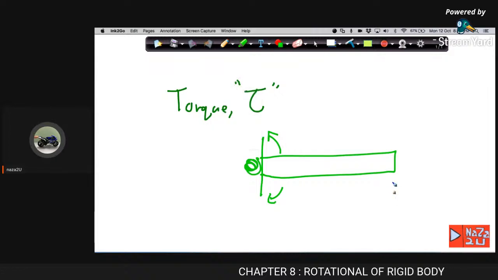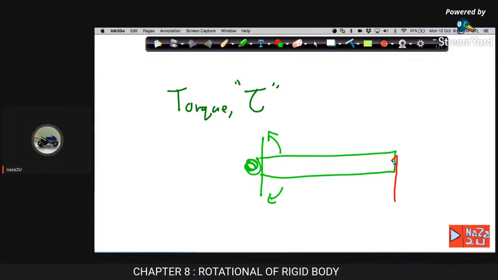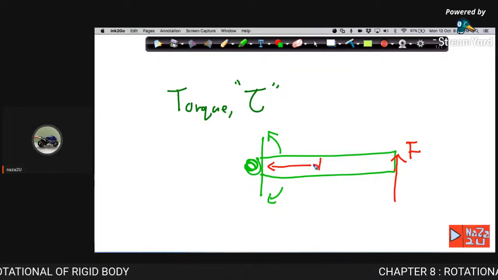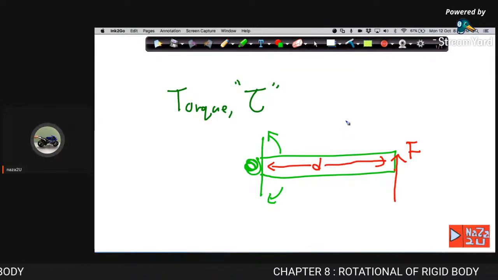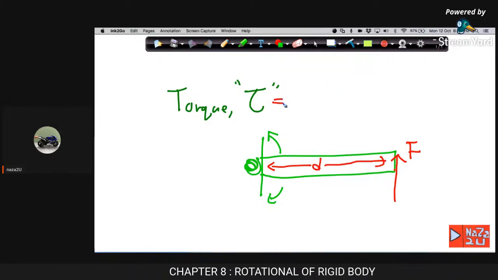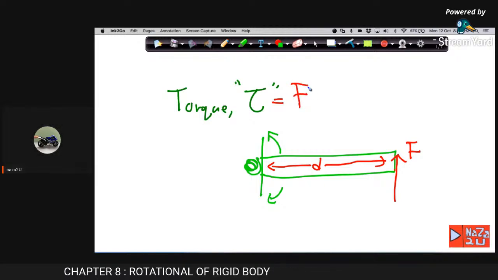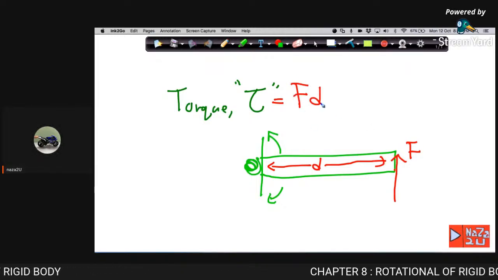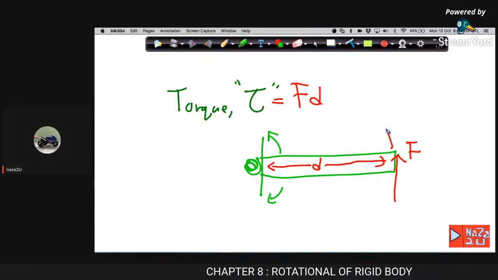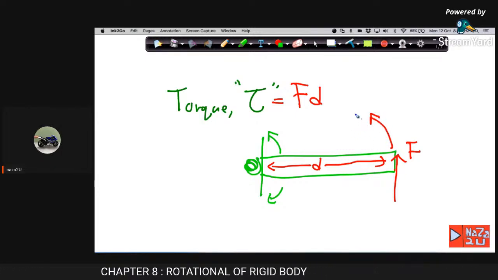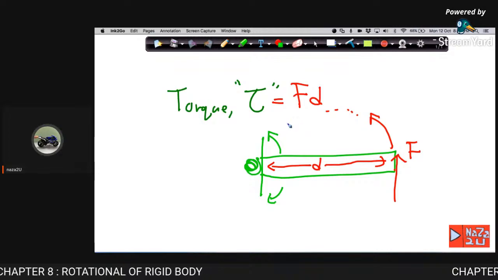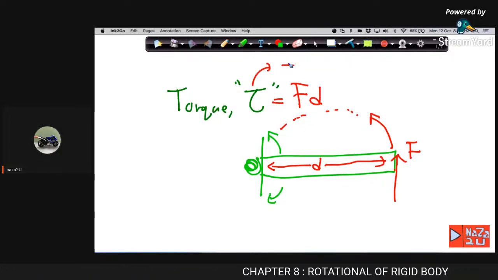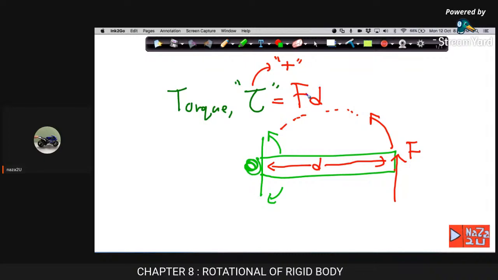You have an external force pushing the ruler upward, and this is a distance D. So here you have a torque, which is force times distance D. The direction of the meter rule is upward, or rotating anti-clockwise, so this is a positive torque.